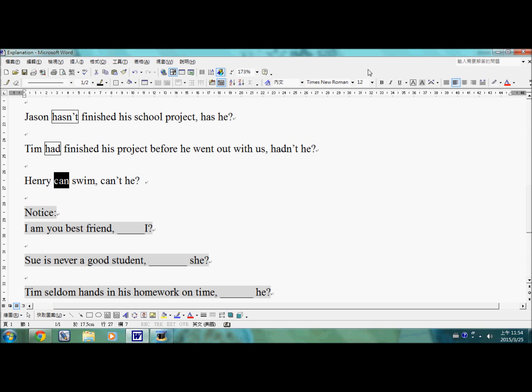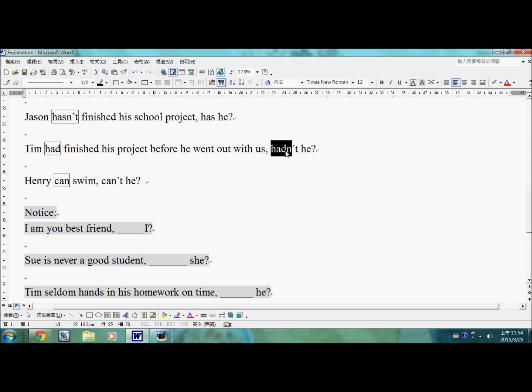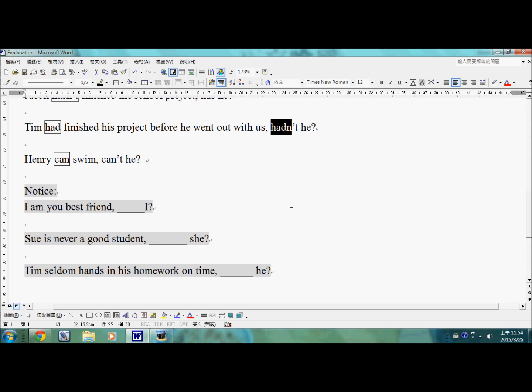So this is how we use the tag question. We look at the statement and decide what modal verb, be verb, or helping verb we need to use in the question tags. But notice the following situation. These are special situations. What if the person is I and the be verb is am?